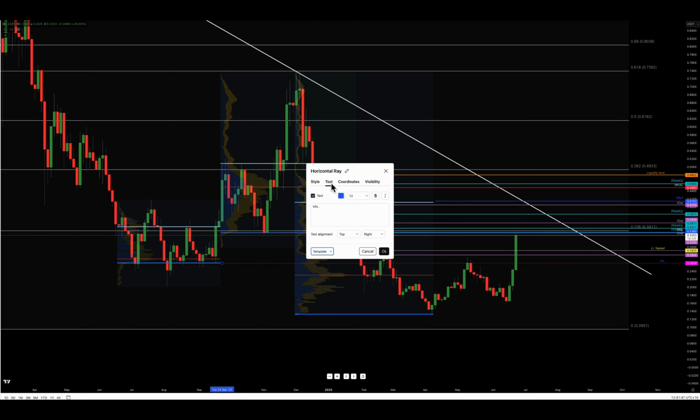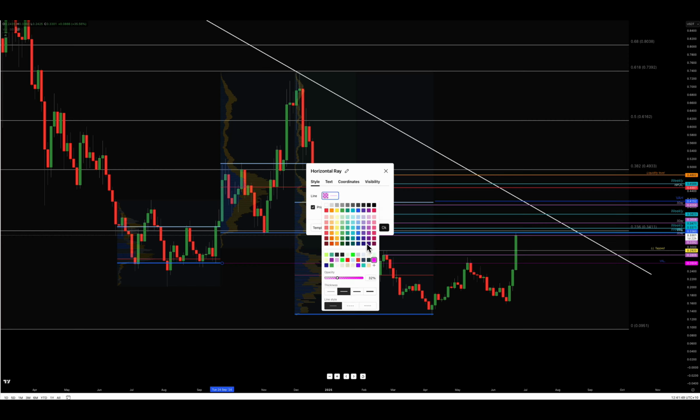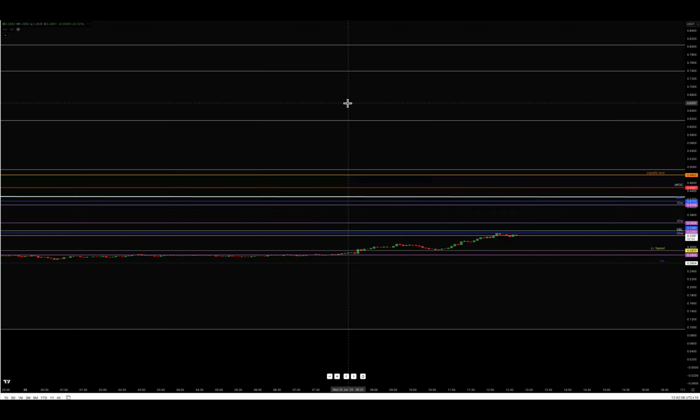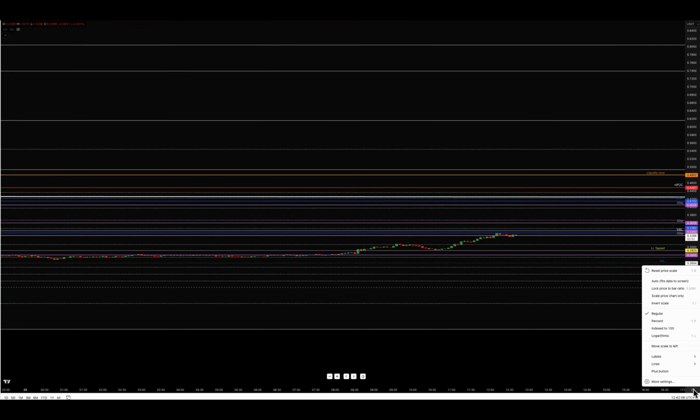Value low. I'll make it dotted so that gives us a reference in the past. So if price was to come back down, we'll look for these levels for support. Now let's go into the smaller time frame, 5 minutes, and see how price responded to those levels.